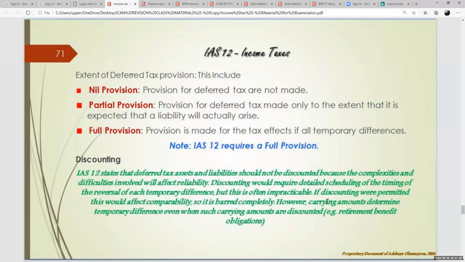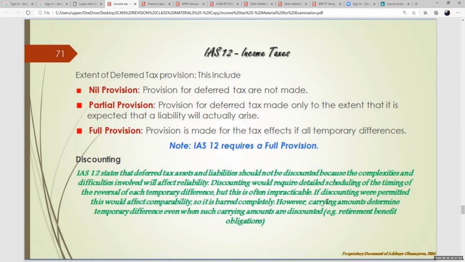which then means that if you are given a question to speak to the facts or arguments that should discounting be applied in line with IAS 12 to the recognition of deferred tax, you have to be emphatic by stating clearly that it does not apply, and you must be able to justify the reason.